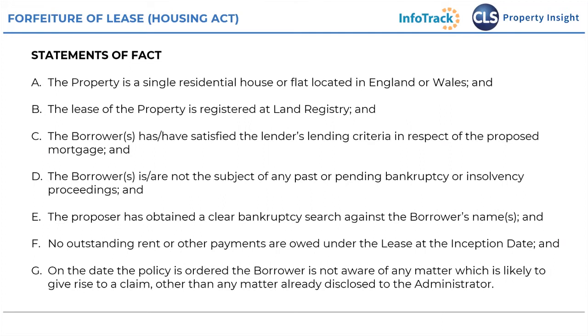What it means is that as you travel through the CLS insurance ordering process on the InfoTrack platform, if one of the statements of fact that you see, an example here on screen, doesn't coincide or match with the nature of your client's transaction, you're able to select from a pick list of other statements of fact. And the hope is, of course, that in all but the most exceptional of cases, you're then able to create a policy that matches specifically your client's requirements.